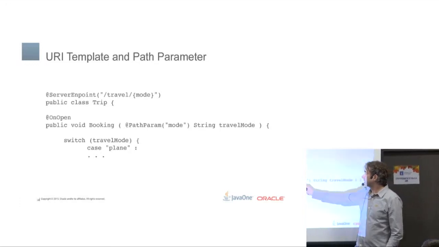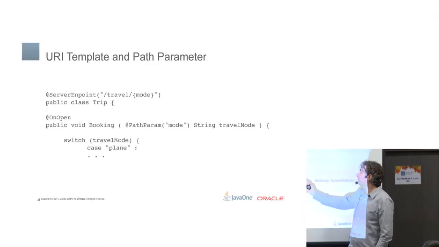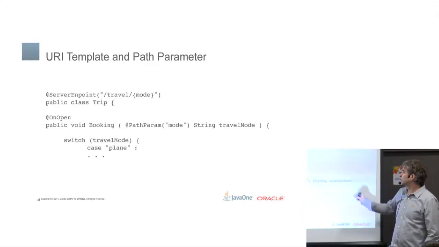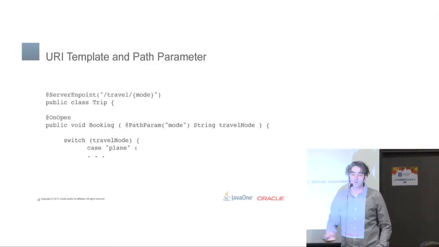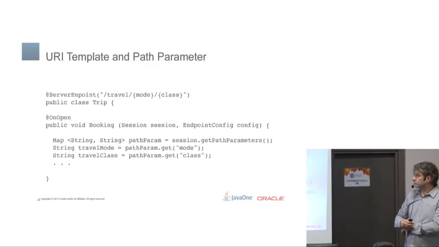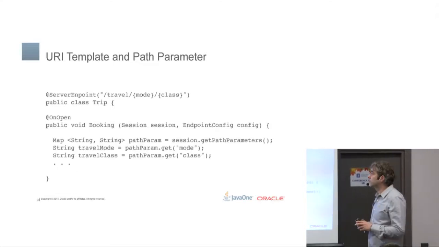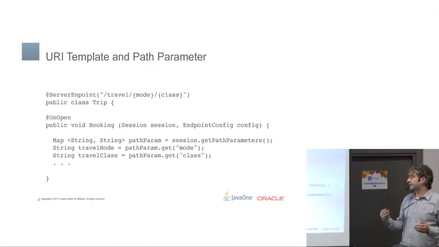So here I say that the path param mode, the value passed in that path param, should be put there in travelMode. And obviously it's just a simple string, so I do whatever I want afterwards. And obviously we are not limited to one single template. We can have several templates.